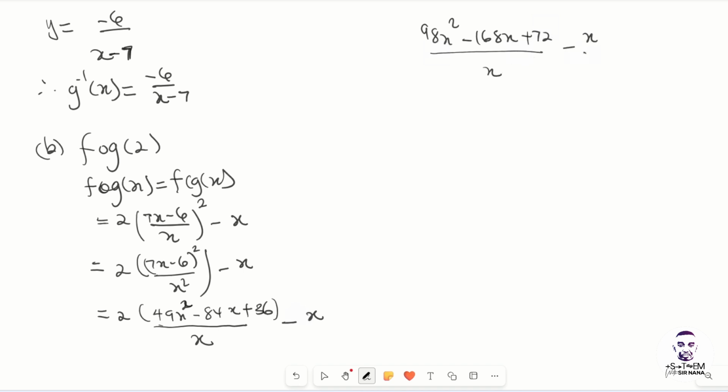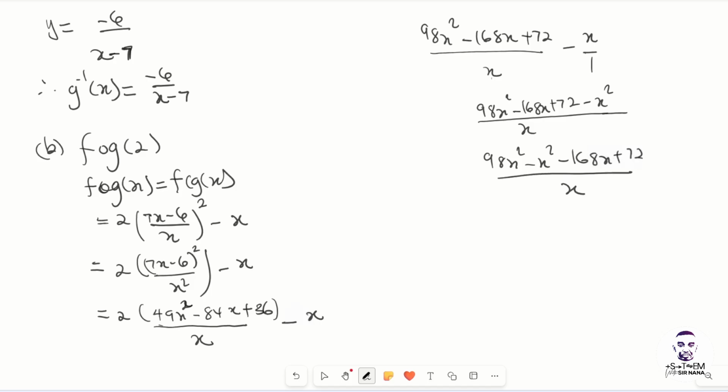We write the minus x as x over 1 and use the LCM, which is x. So x goes into itself 1, giving 98x squared minus 168x plus 72, and x goes into x one time, so x times x gives x squared. We have 98x squared minus x squared minus 168x plus 72 all over x.